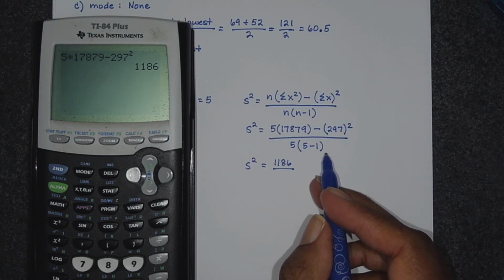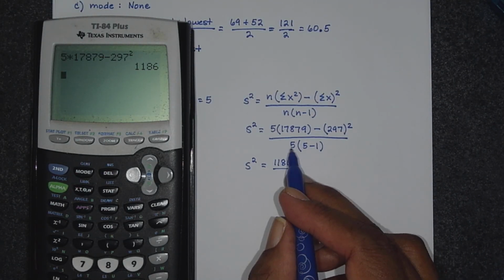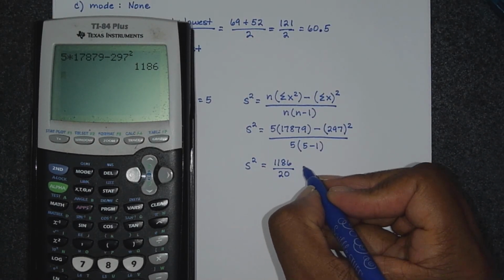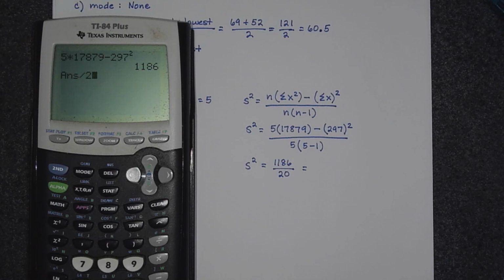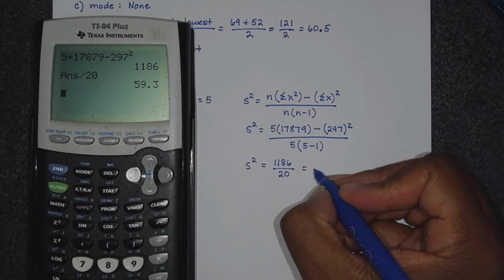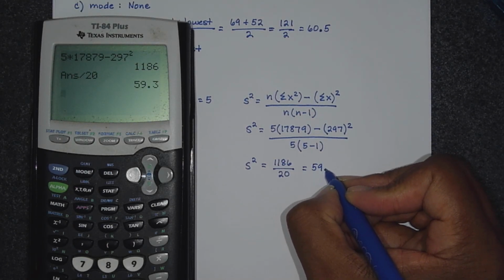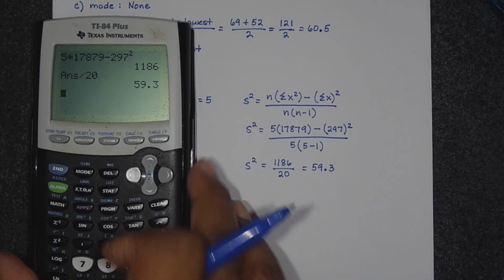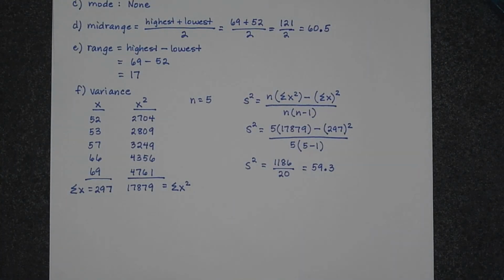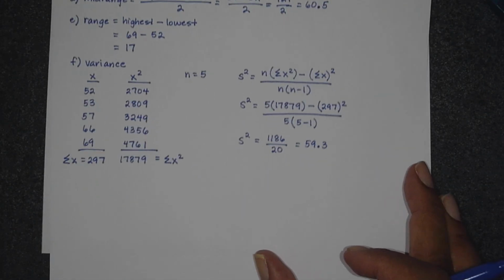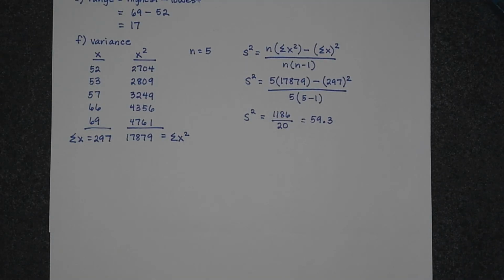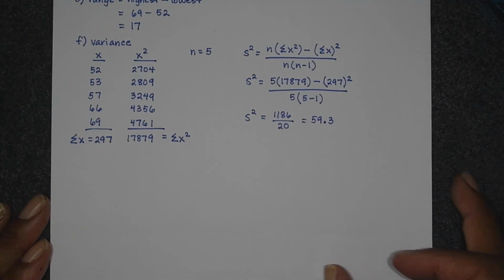And I think I can do this mentally. 5 minus 1 will be 4 times this 5 out in front will be 20. So I have 1186 divided by 20. That variance, or S squared, would be 59.3. So the variance of this data set is 59.3.